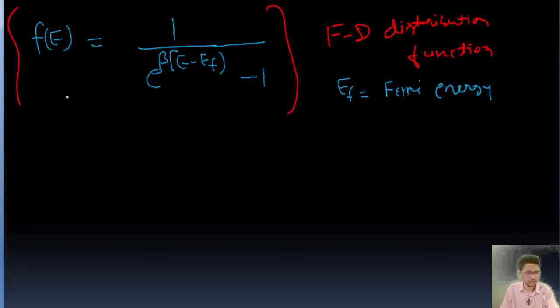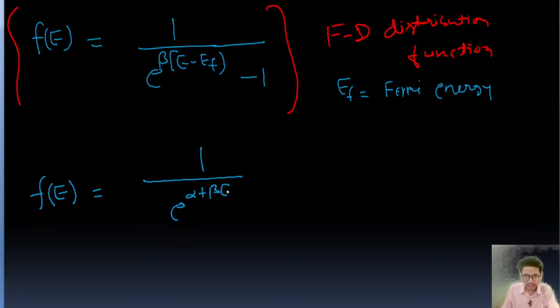Fermi energy. Okay. Next is Fe. This is the Bose-Einstein distribution function, that is 1 upon e to the power alpha plus beta e minus 1.